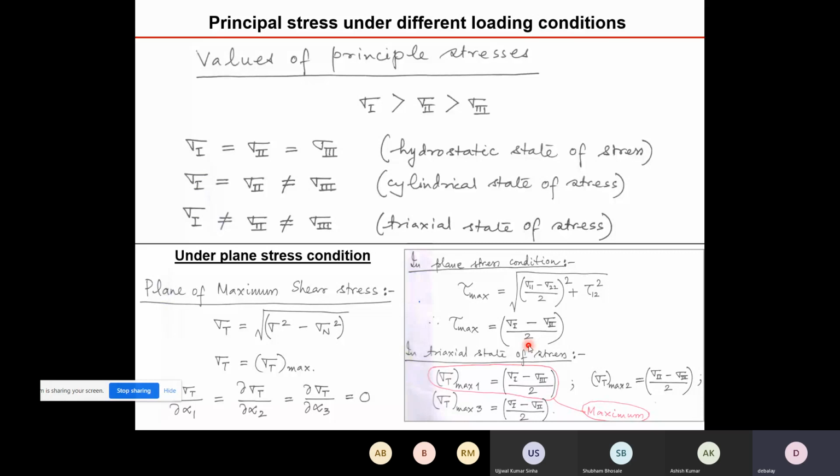And the second important thing I have mentioned is that the difference in principal stress gives you shear stress. For example, if three principal stresses are equal, sigma Roman 1 equals sigma Roman 2 equals sigma Roman 3, that state of stress is called the hydrostatic state of stress.